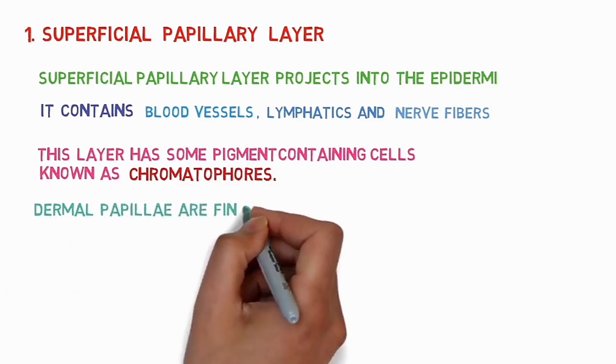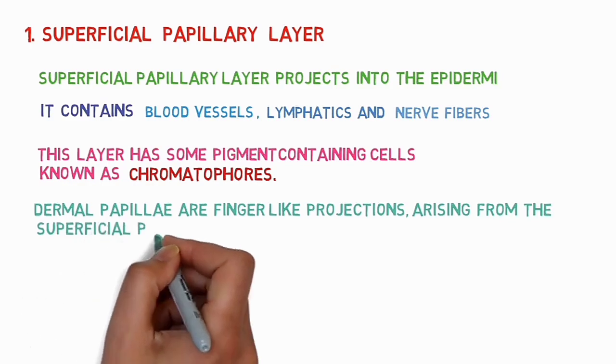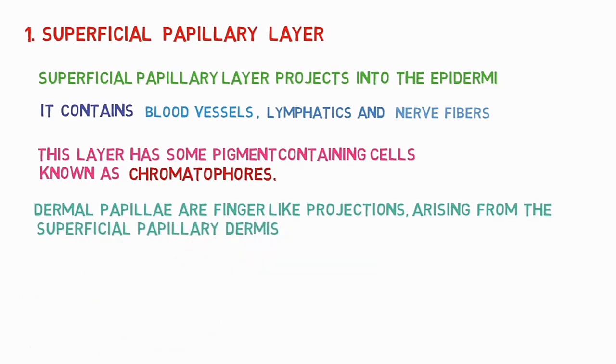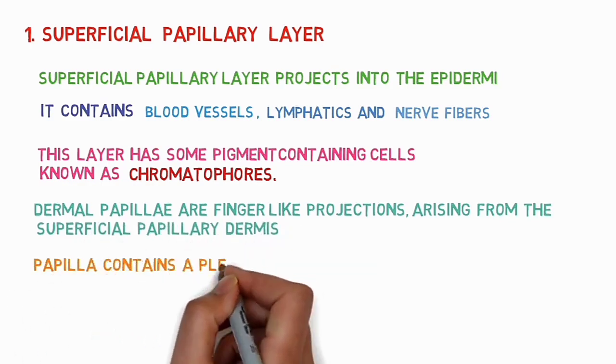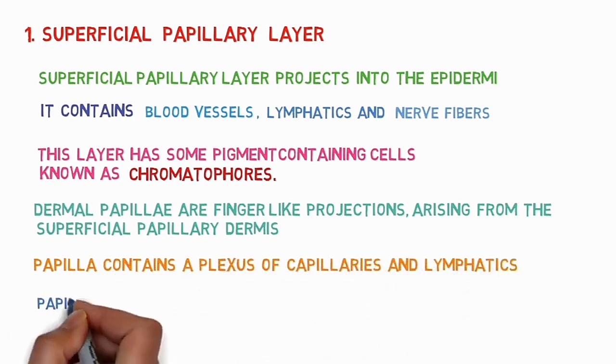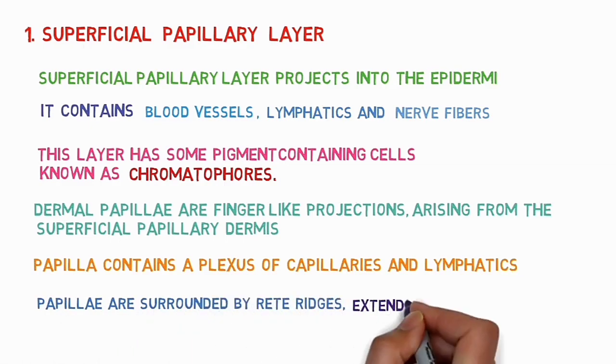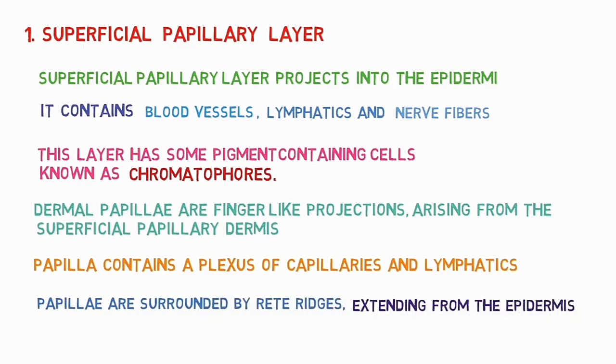Dermal papillae are finger-like projections arising from the superficial papillary dermis. Papillae contain loops of capillaries and lymphatics. Papillae are surrounded by rete ridges extending from the epidermis.